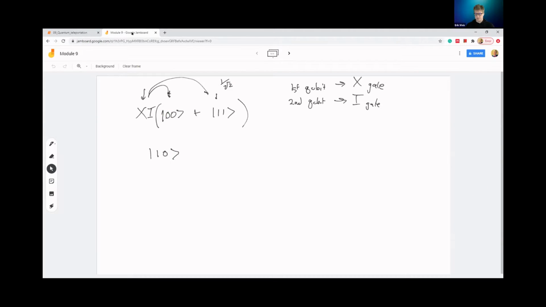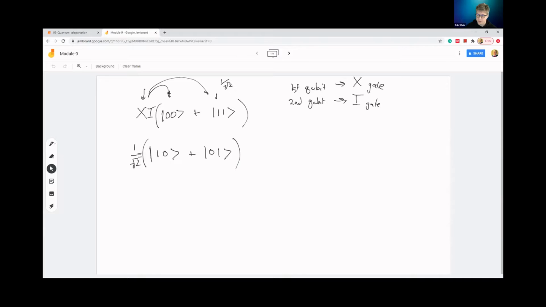So it was 0 and now it's 1. And then in the second branch of the superposition, the first qubit is in the 1 state, and so we're going to flip it to the 0 state. So this is the new state of our system. And we should have a 1 over square root of 2 factor in front of it.